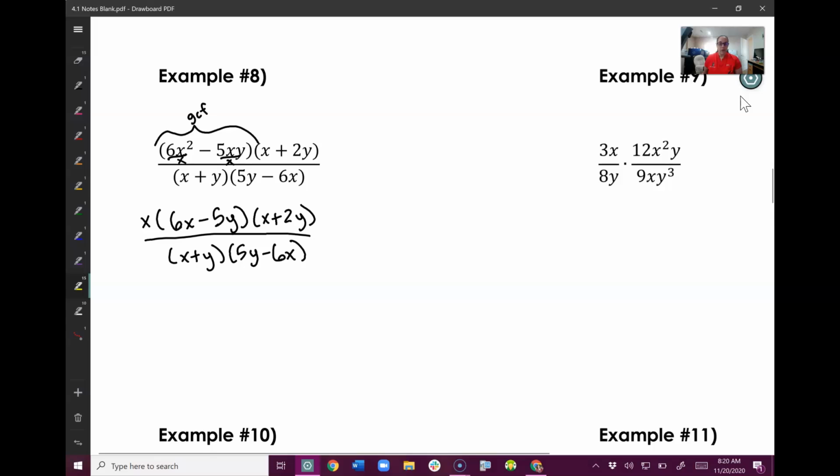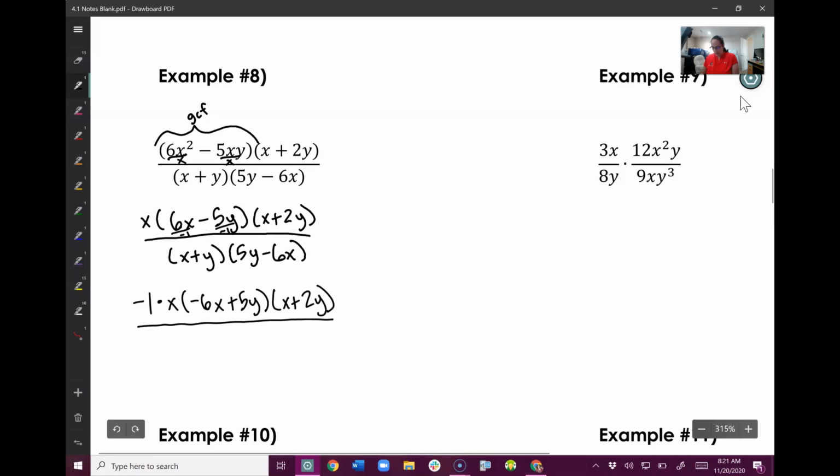So what we're going to do is take out a GCF of a negative 1. And you could take this out of the top one or the bottom one. It doesn't really matter. But I'm going to take a negative 1 out. So then I have 6 divided by negative 1, which is negative 6x. Negative 5 divided by negative 1, which is a positive 5y.